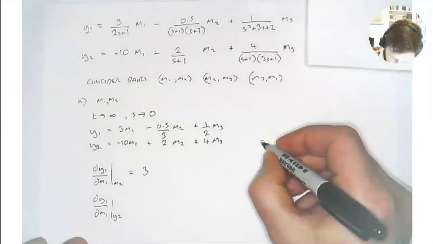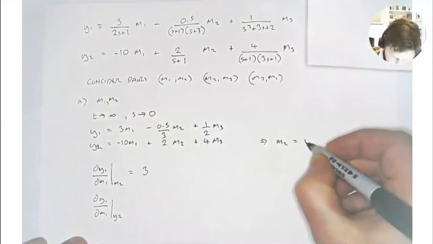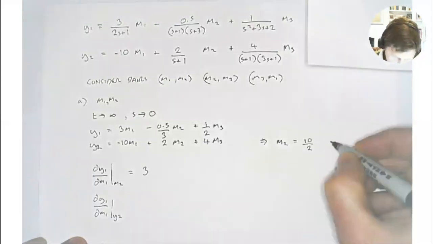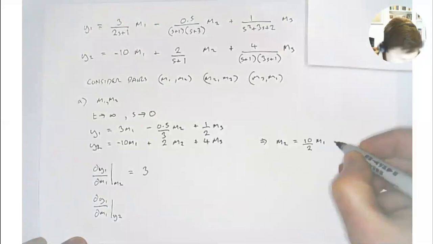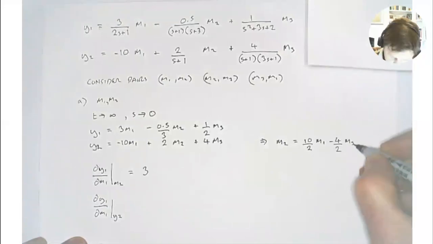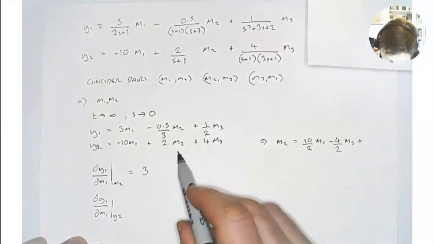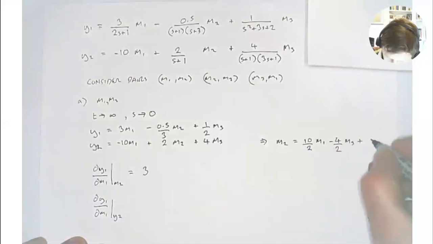So we can do that. So this expression tells us that m2 is equal to 10 over 2 m1 minus 4 over 2 m3 plus y2 divided by 2.